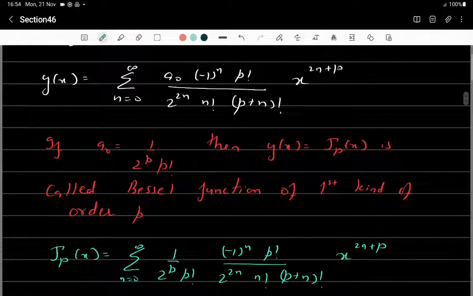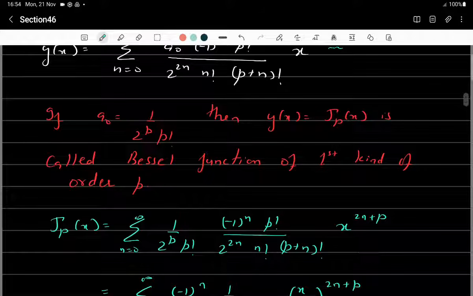So in y of x, I replace a naught by 1 by 2 raised to the power p p factorial. P factorial will cancel out. Now one more observation here is that when I wrote y of x, recall the Frobenius series solution method, it is x raised to the power r, or x raised to the power m, so the value of r is p, and then the series, so that's why it is x raised to the power 2n plus p.